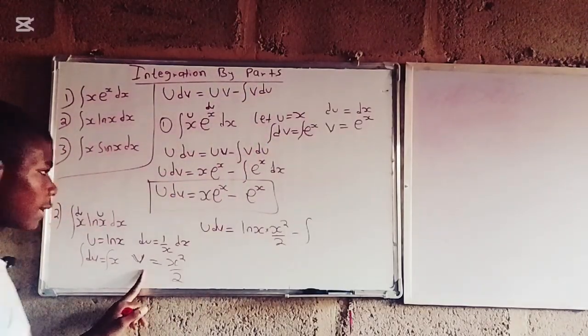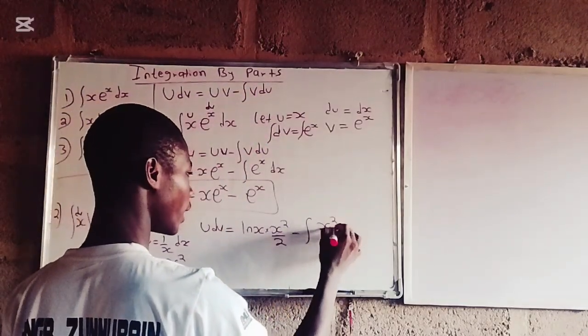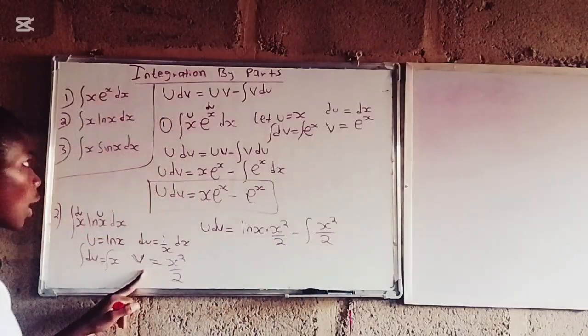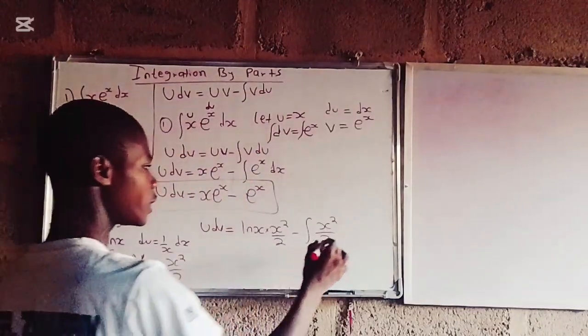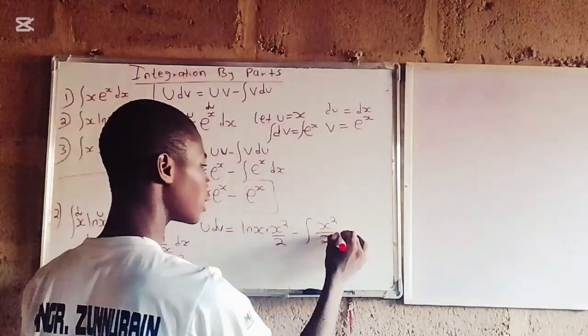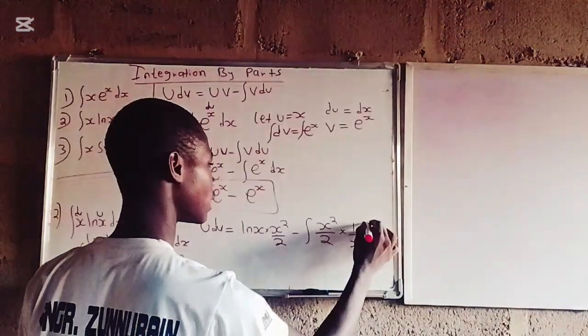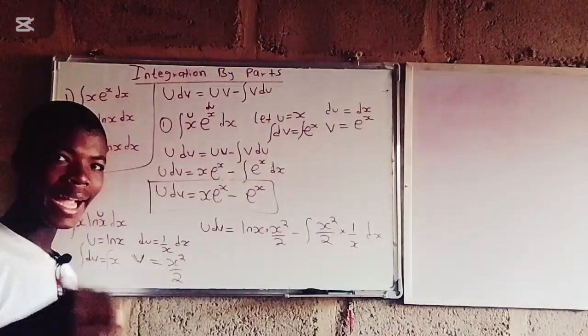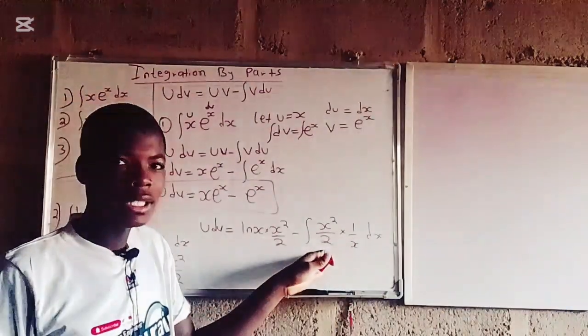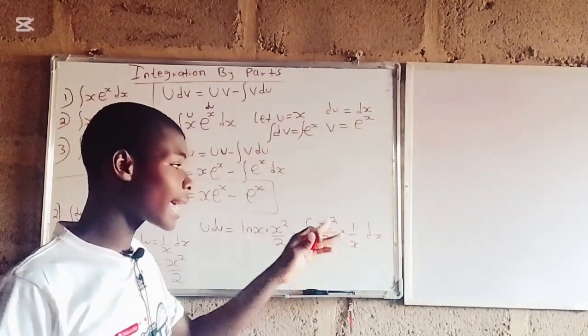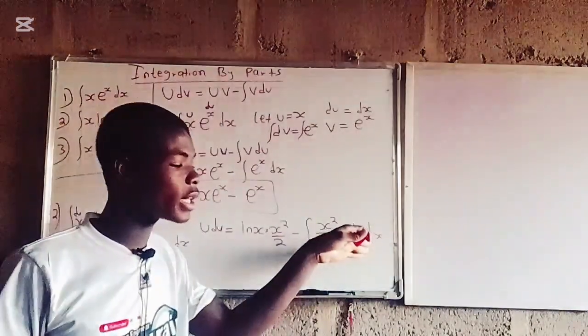What is v? V is x squared by 2, and I have du, which is 1 over x, multiplied by 1 over x dx.